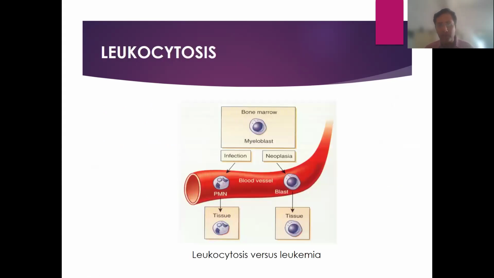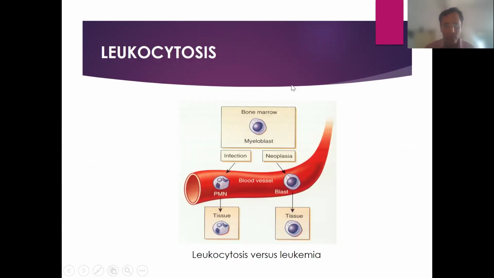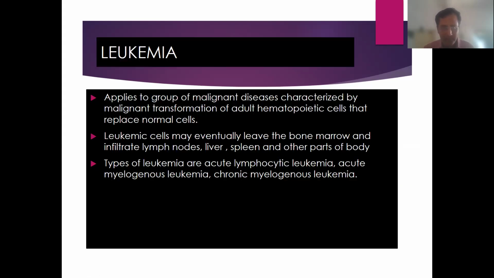Now, leukocytosis. What is leukocytosis versus leukemia? Sometimes we will discuss it. Leukemia first we will discuss. The term is applied to a group of malignant cells characterized by malignant transformation of the hematopoietic cells that replace the normal cells.